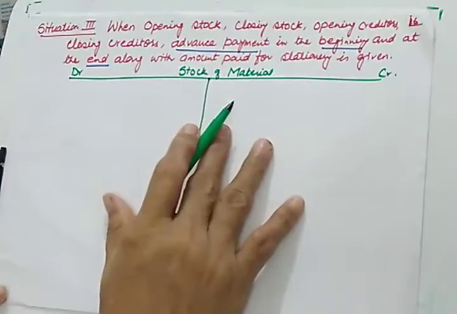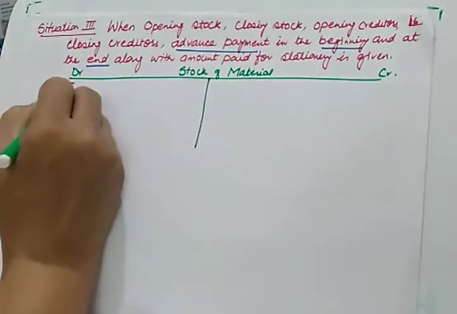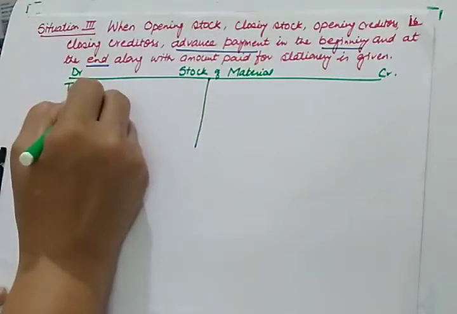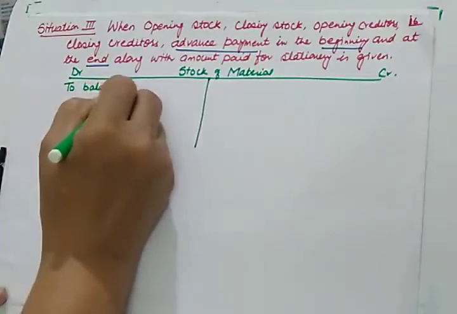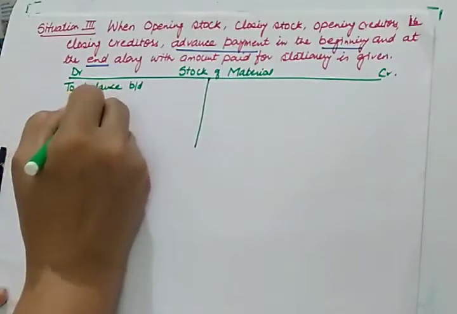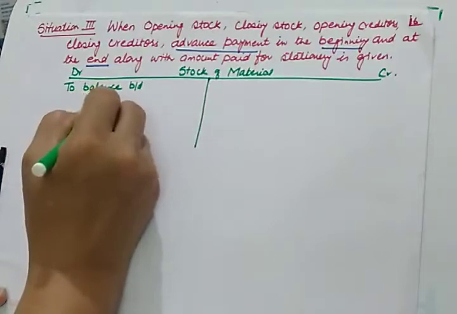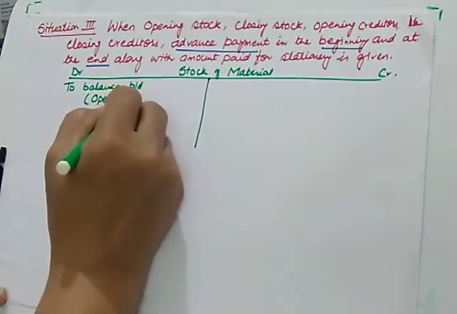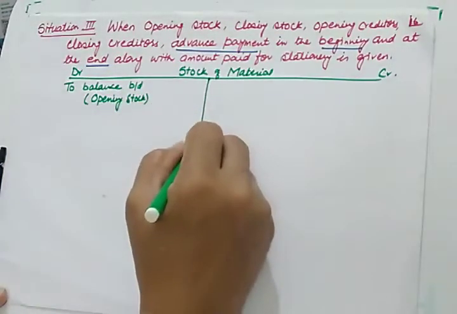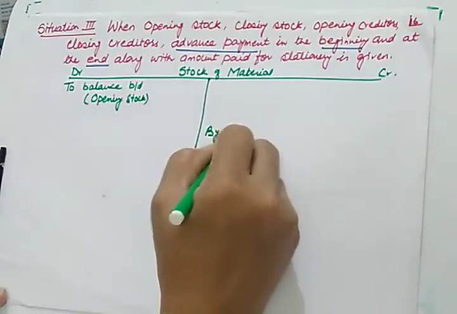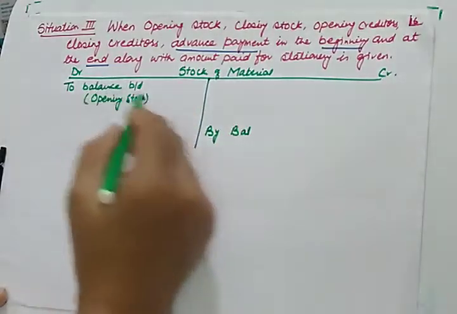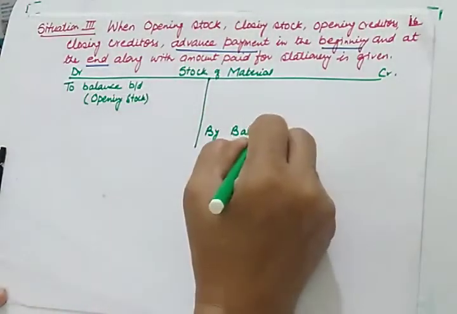Its contents will remain the same. We used to write opening balance here, to balance brought down, here we write opening stock, and closing always comes on the opposite side, this you already know.